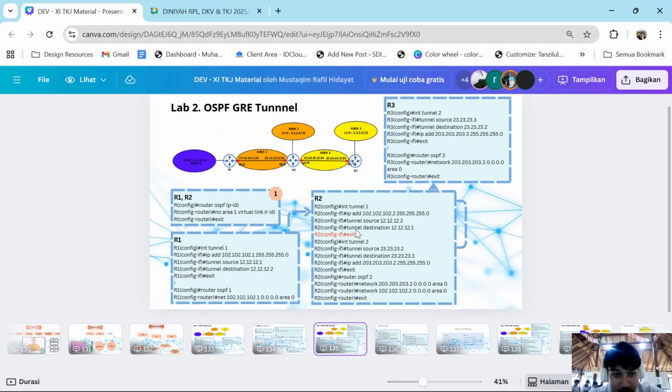The next one, I think these two materials are important for OSPF. The next one is GRE tunnel. So a tunnel, as you can understand, is similar to a VPN.